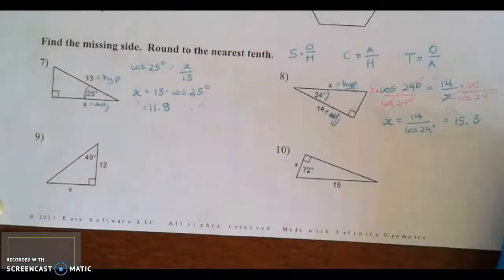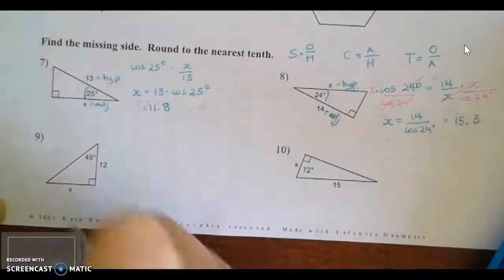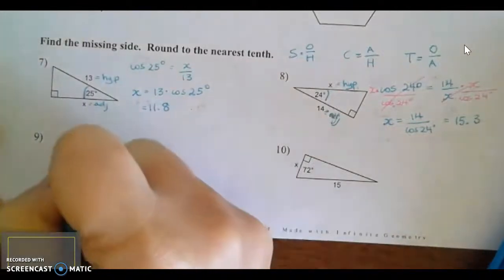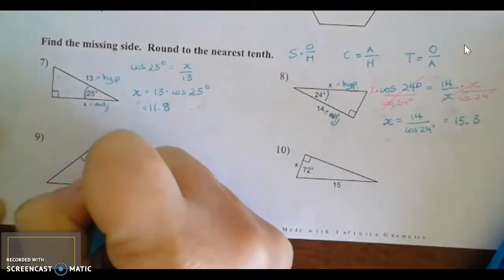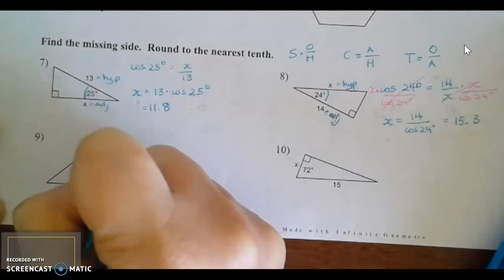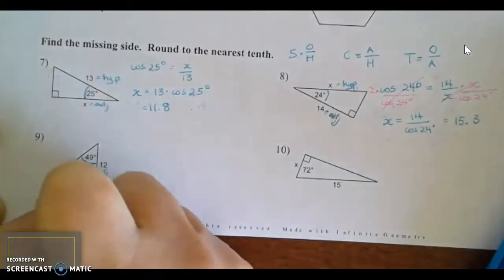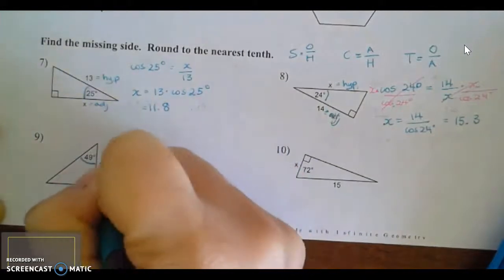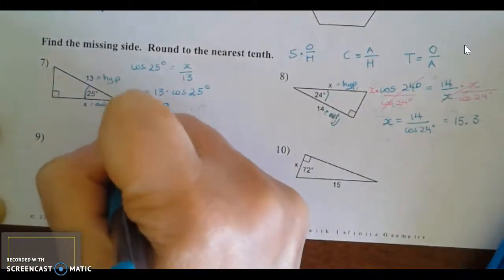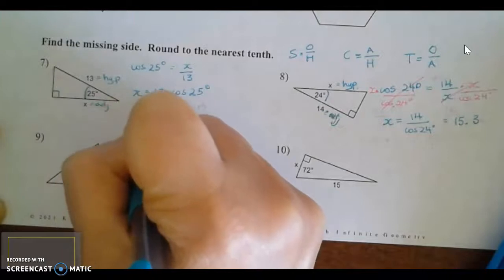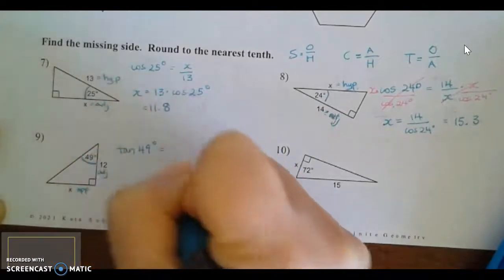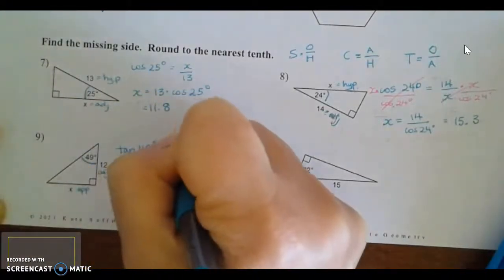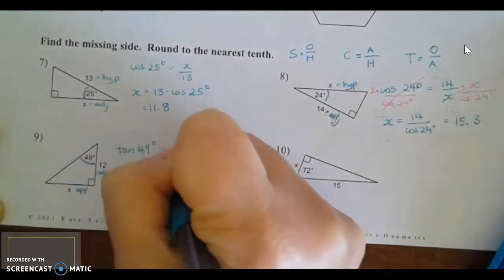Number 9. What are the sides that we're dealing with? Relative to this 49 degrees, this is my adjacent side, and this is my opposite side. So which is the trig ratio that deals with opposite and adjacent? That's tangent. So tangent of 49 degrees is opposite, which is x, over adjacent, which is 12.